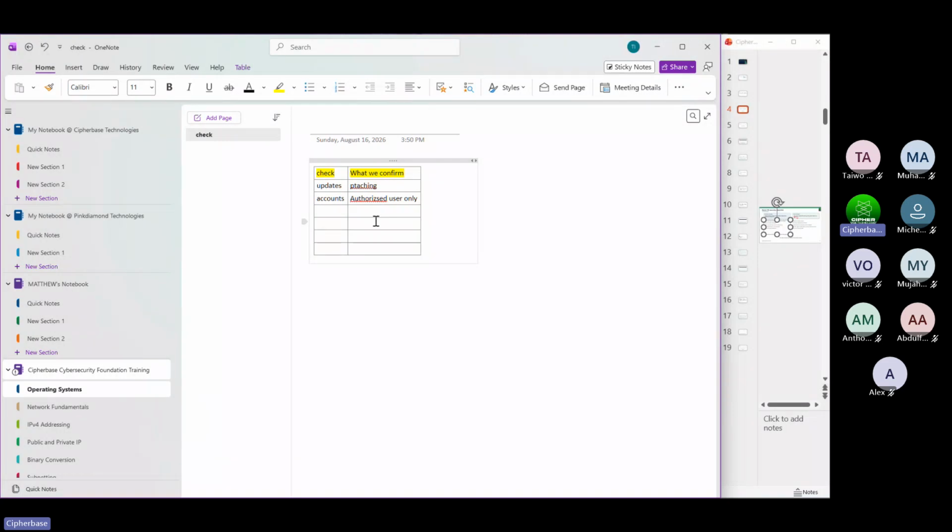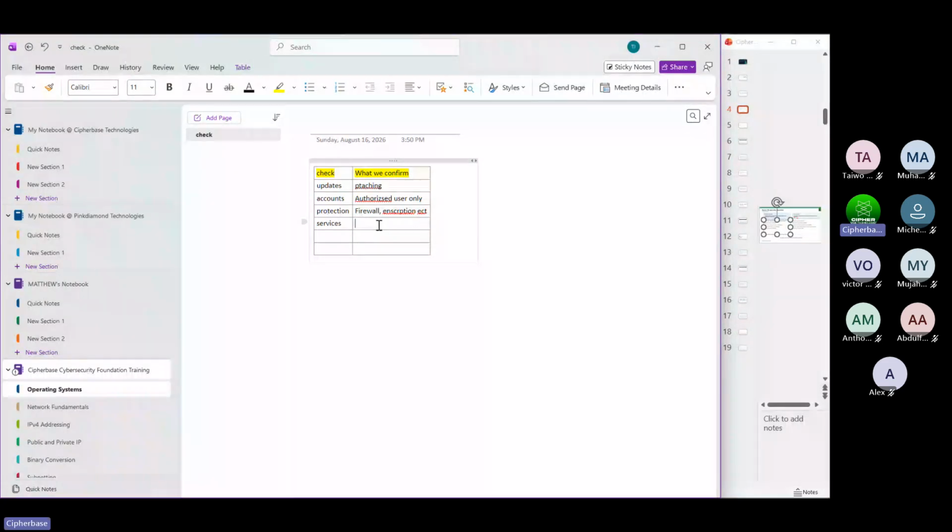Then that's protection. Let me put here protection. Under protection, we have firewall, then encryption, etc. And also we have services.